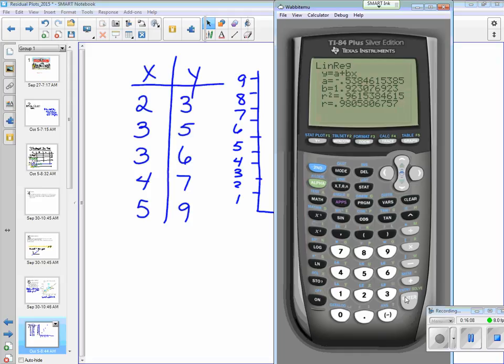What do you think about our correlation here? Is our correlation strong? 0.98, so the strength would be relatively strong because 0.98 is pretty strong. We have our y-intercept of negative 0.538, and we have our slope of about 1.92.